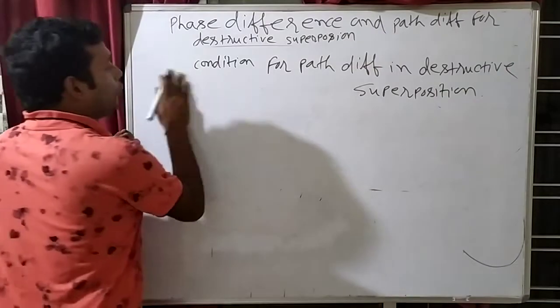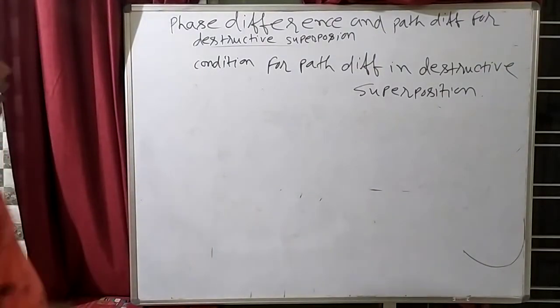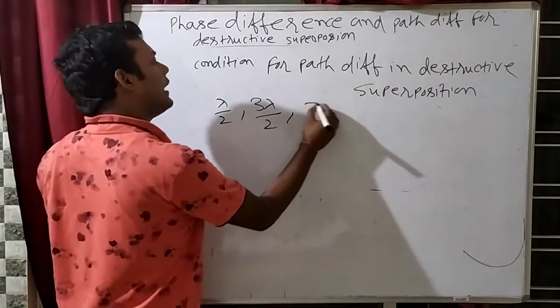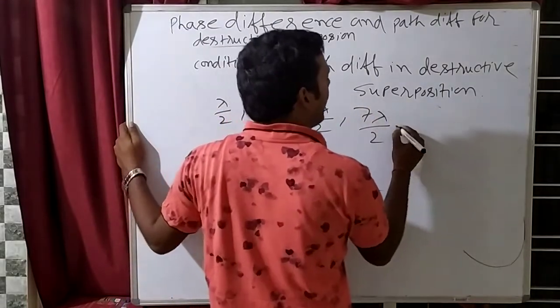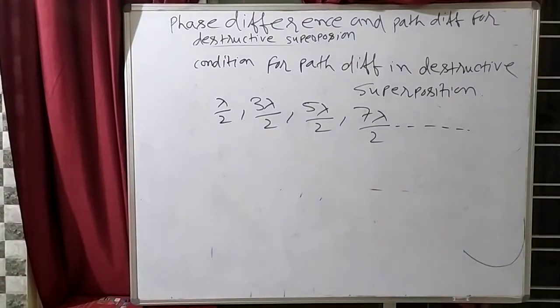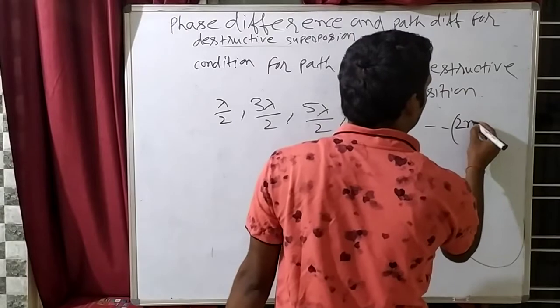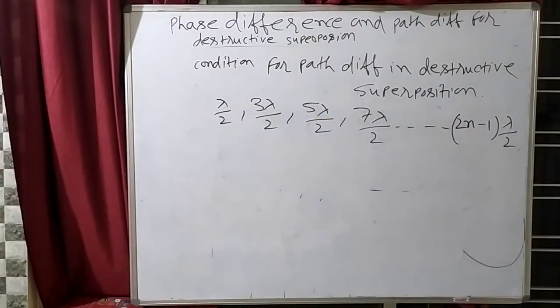So tell me, what will be the path difference? Either it will be lambda by 2, next 3 lambda by 2, next 5 lambda by 2, next 7 lambda by 2, next 9 lambda by 2, and it will carry on. If I make the general equation, this will become (2n minus 1) lambda by 2.